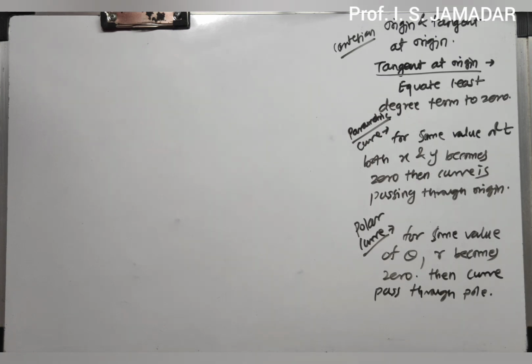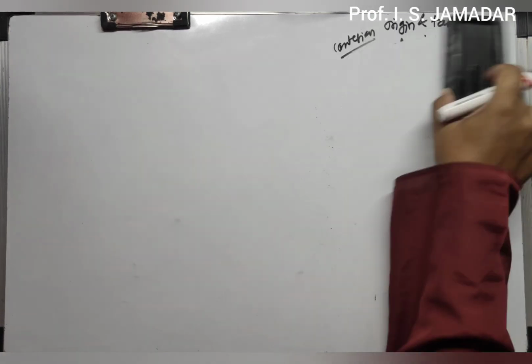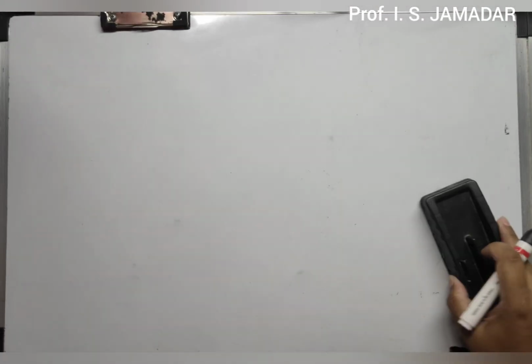And in case of a polar curve, the tangent is obtained by finding for what value of theta you are getting r equal to 0. Those theta values are nothing but the tangents at the pole. Okay, so these are some basic things. We'll directly move to the questions.